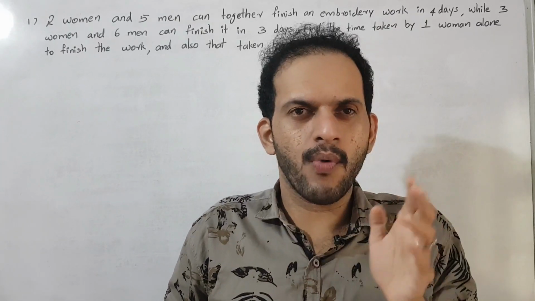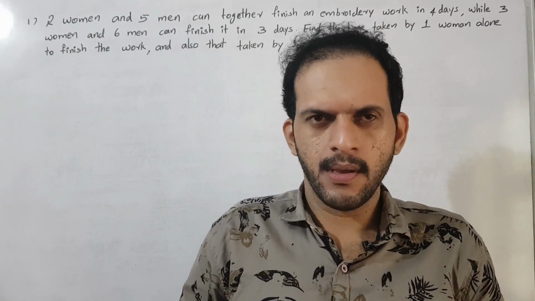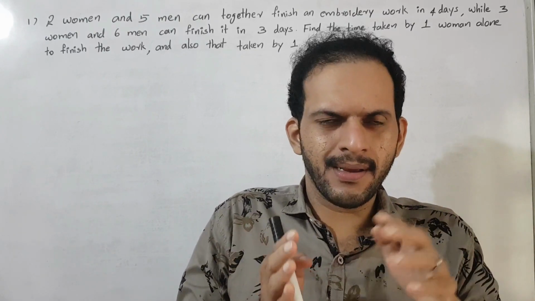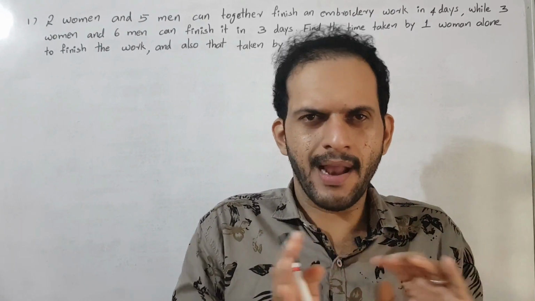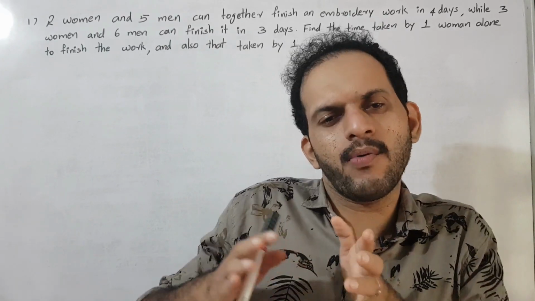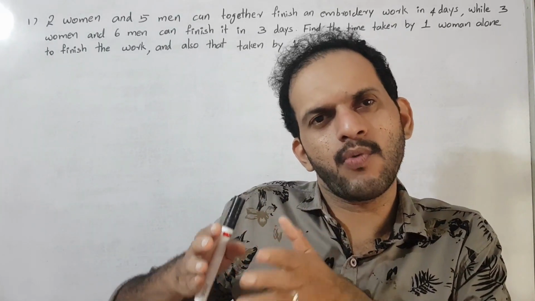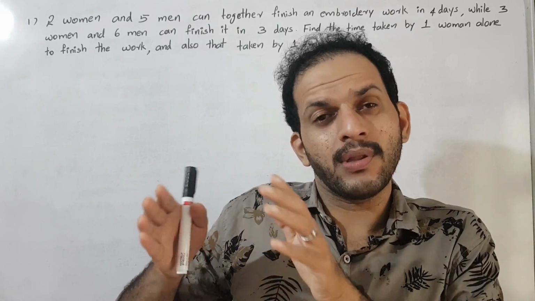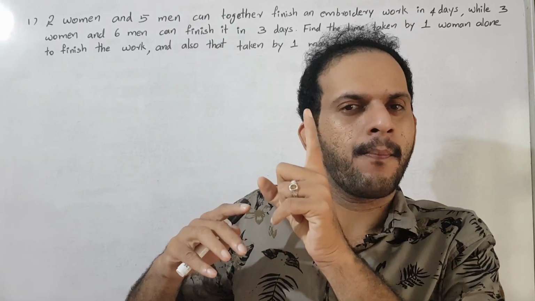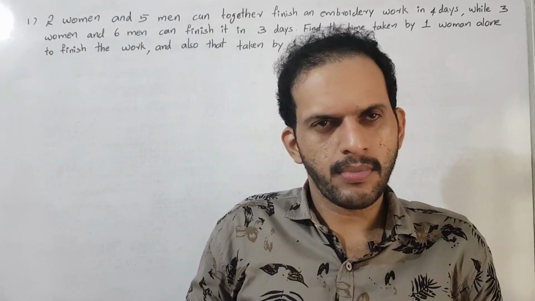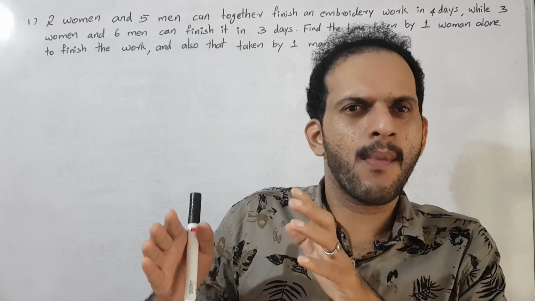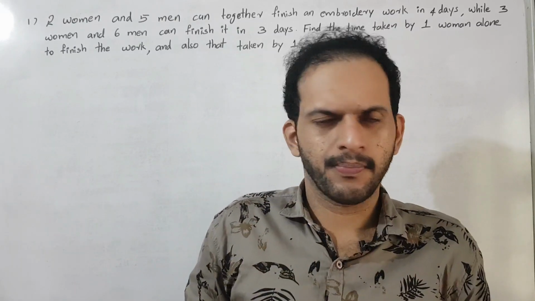If it is given in hours, that they complete the work in 10 hours, then we need to convert to the amount per 1 hour. If it is given in a year, we need to find the work amount per year.